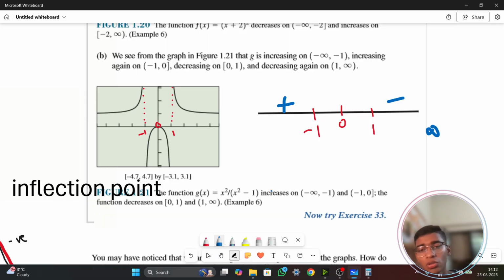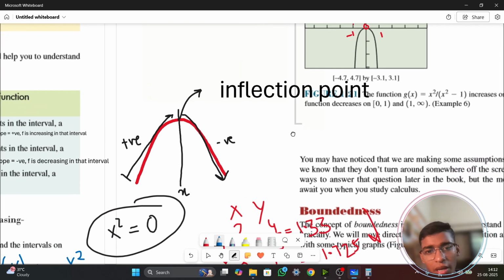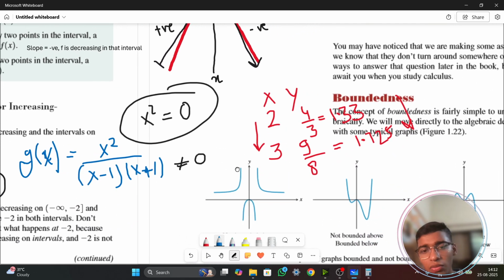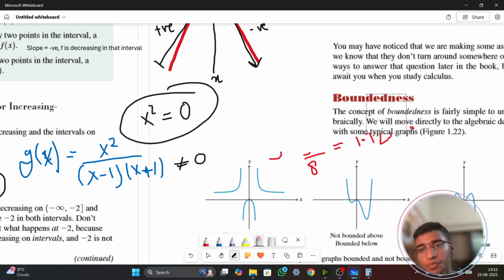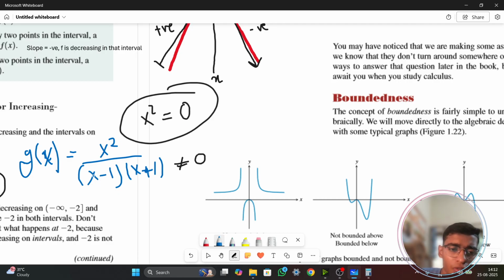Whether this is applying or not, I'll put some value between 0 and 1, that is 0.5. Let's come here and check what exactly I am trying to tell you. At 0.5, 0.5 minus 1 would give me some negative value. I'm confirmed that at 0.5 I'm getting a negative value, so it has to be below the x-axis, on the negative y side.